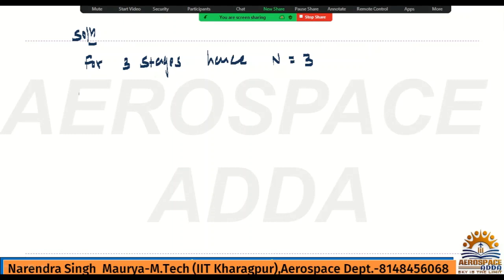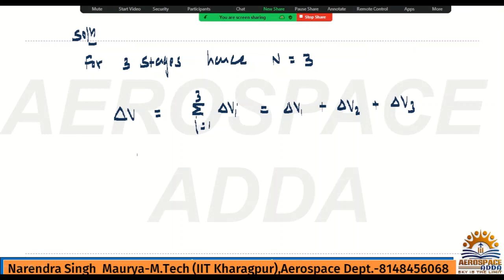Now if you want to calculate the change in velocity for this multi-staging rocket system, I had given the formula: delta V is equal to the sum from i equal to 1 to N, which is 3, of delta Vi. So we need to calculate delta V1, then delta V2 for the second stage, and delta V3 for the third stage, and we'll calculate this value easily.